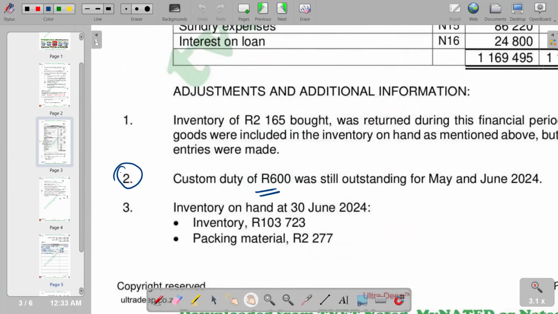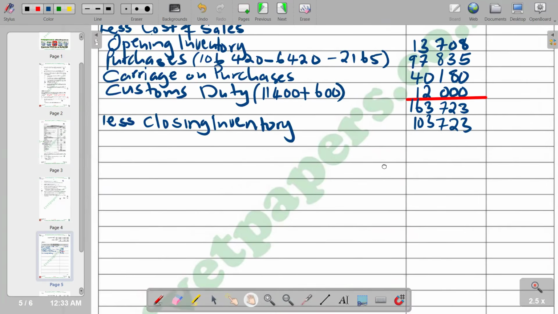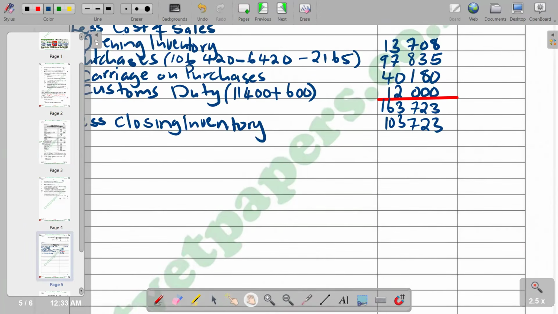And we only take the inventory part, which is $103,723. And we are saying less. And whenever we are saying less, we are subtracting. So you can show by putting brackets that we are subtracting.